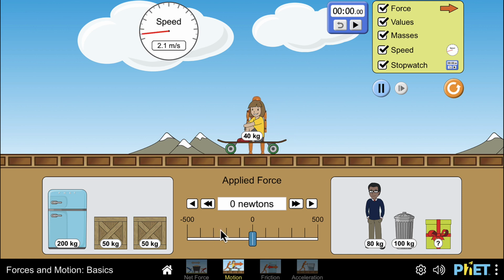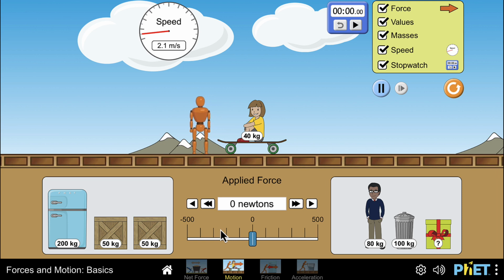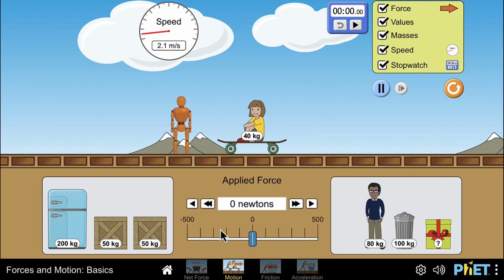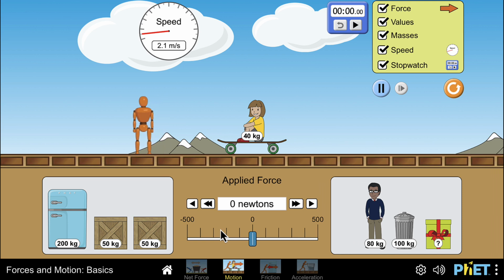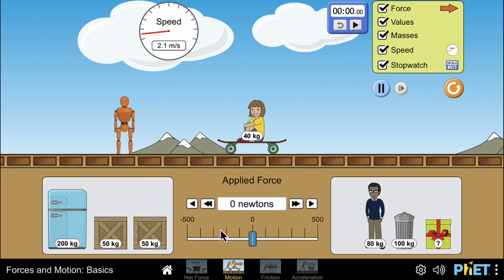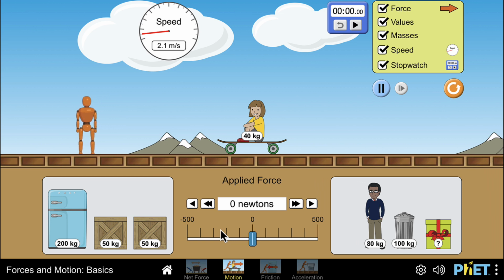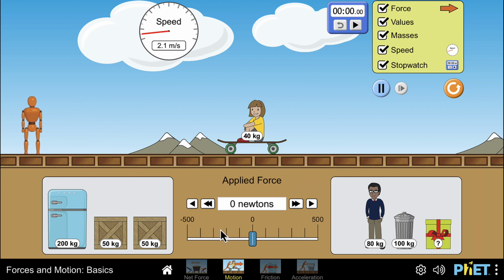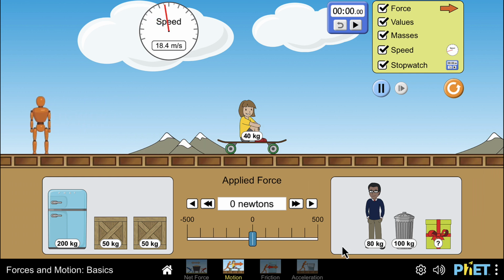Why? And the answer is also in Newton's second law, because force equals mass times acceleration. Or in a better way, we can say acceleration is the net force divided by the mass. So when you have a bigger mass with the same force we were applying, which was 500, divided by a bigger mass, you will get less acceleration.